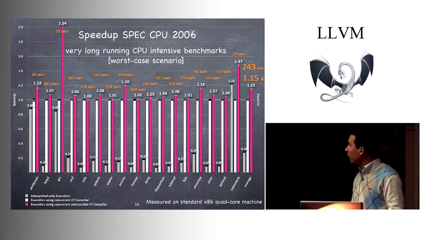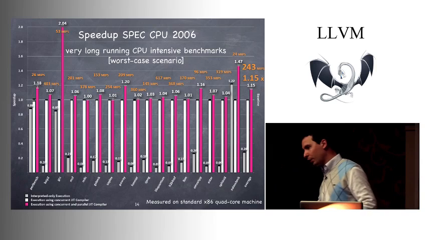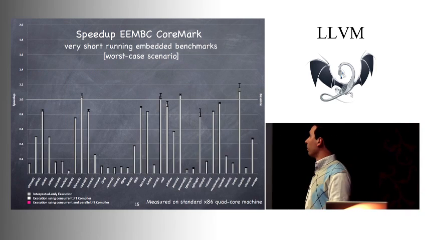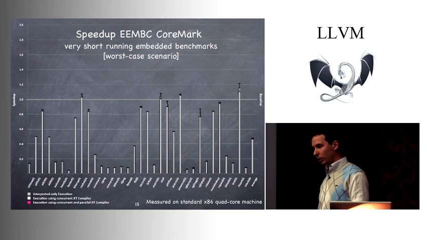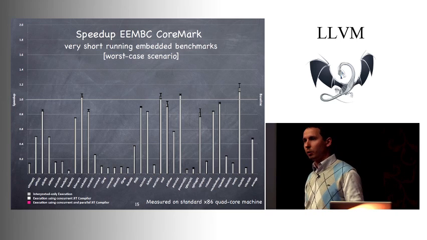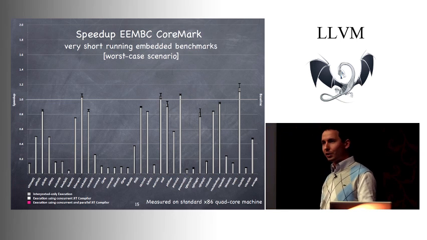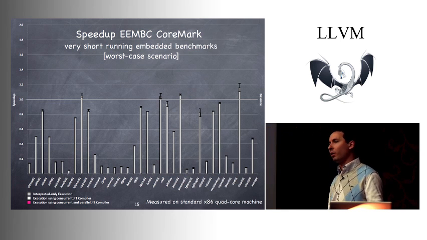And then finally, at the other end of the scale are the very short-running embedded benchmarks from Embassy and CoreMark, where some of these, even in interpretive mode, run sometimes below 2 seconds. For such a benchmark, a JIT compiler can't do much.